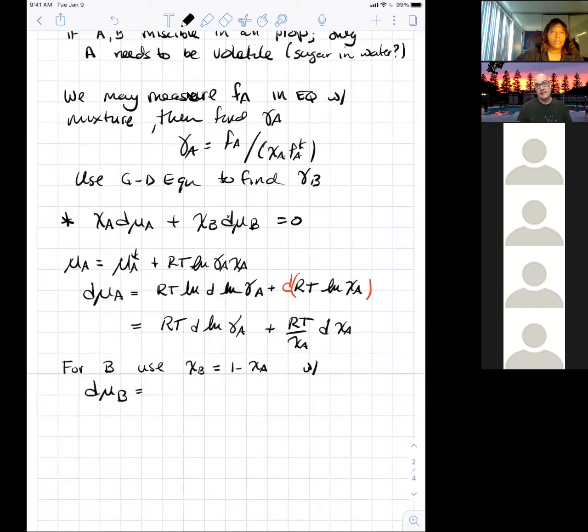Now, the standard state for the solute is different, right? But again, this is a constant, so we take the derivative of it, we can ignore it. So what we end up with is basically the same kind of expression.